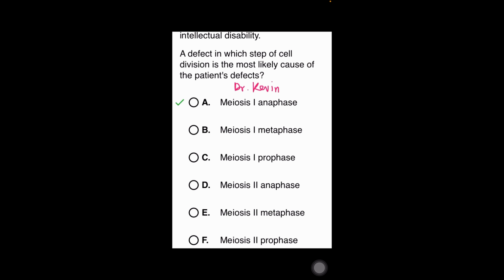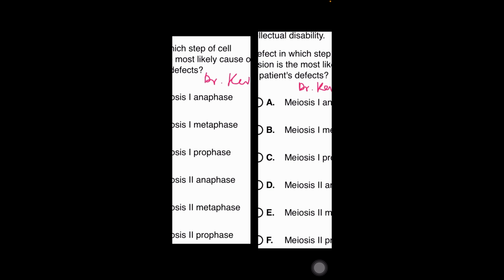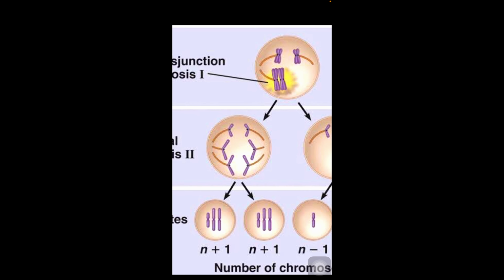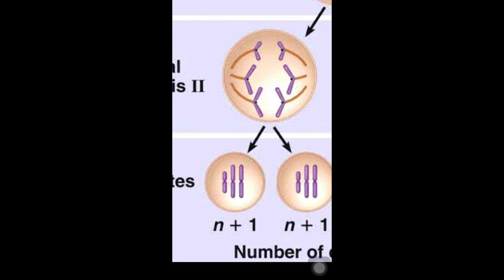And if you didn't really understand the whole process, you can go back and listen again to the video. You can see the process of the anaphase, the process of the non-disjunction, and everything. But the answer is meiosis 1 of anaphase. And the problem is a non-disjunction, like I showed you here. This is non-disjunction, making it a trisomy here.